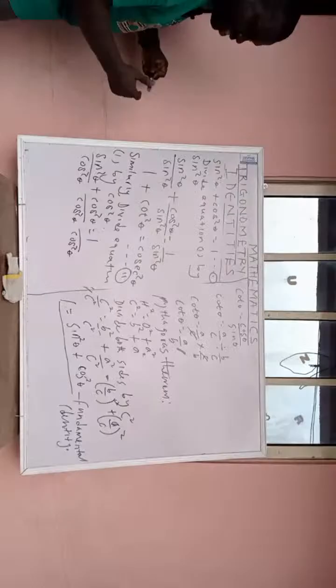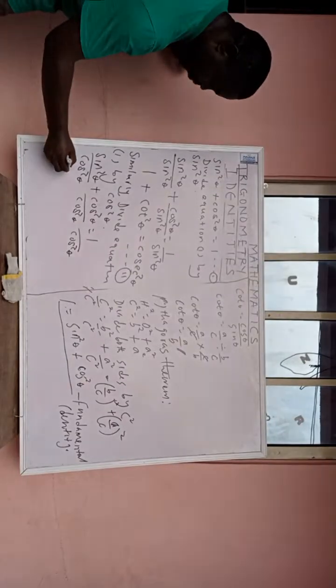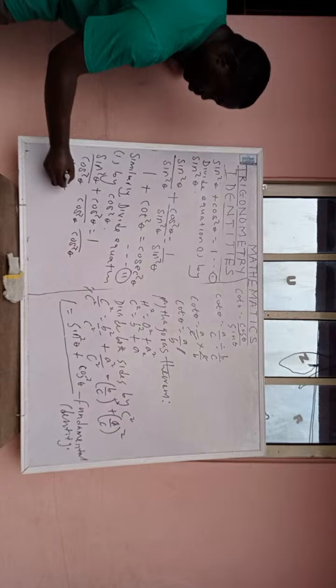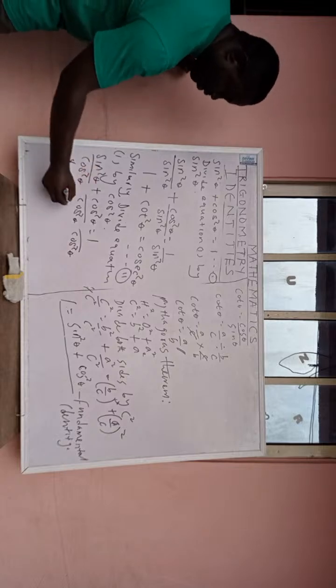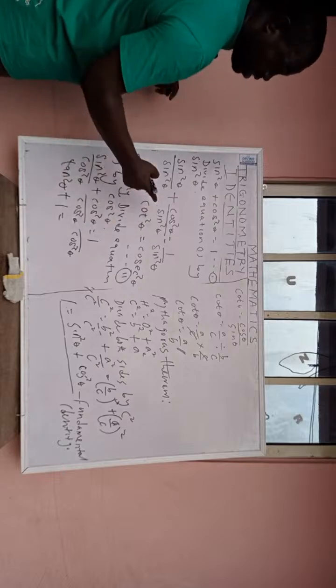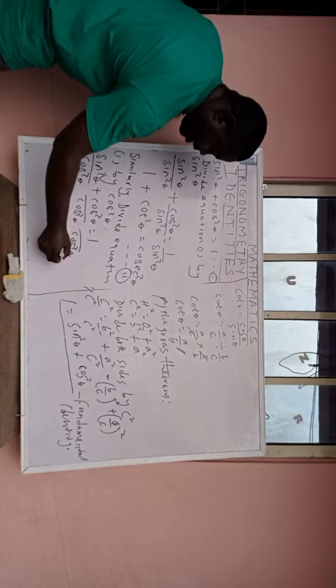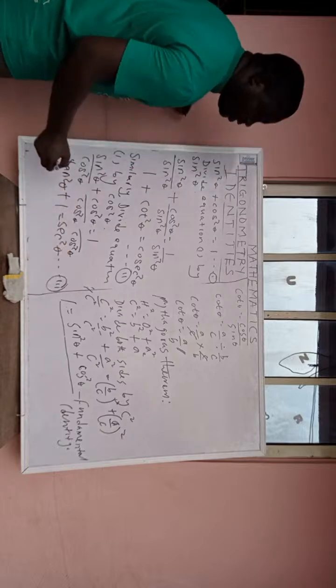So now, sine over cos is what? Is tan. So I'm having tan here. Cos over cos is 1. And 1 over cos, I'd also established that it is sec. So you have sec squared theta. This is my equation 3.